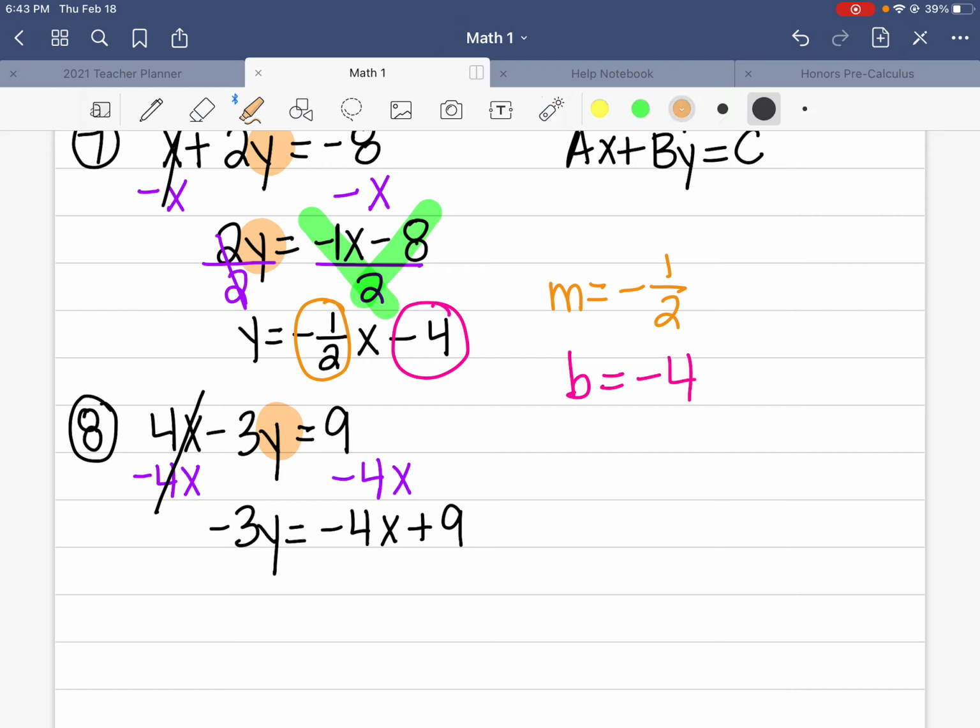All right, so we're still trying to solve for y, to get y by itself. So now we're going to divide by negative 3 and simplify. So y equals, we're going to divide negative 4 by negative 3. Negative 4 divided by negative 3 is going to be positive 4 over 3 with the x on the outside.